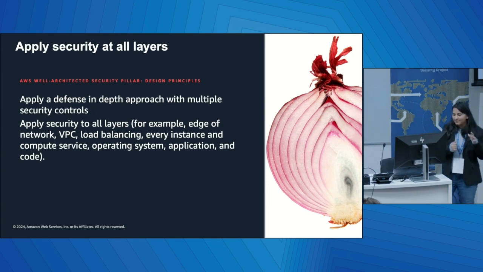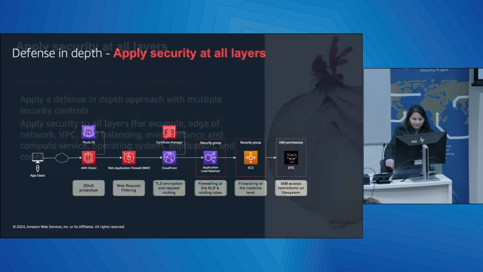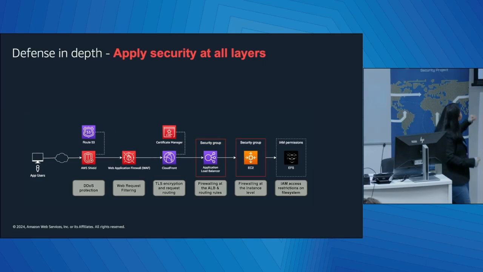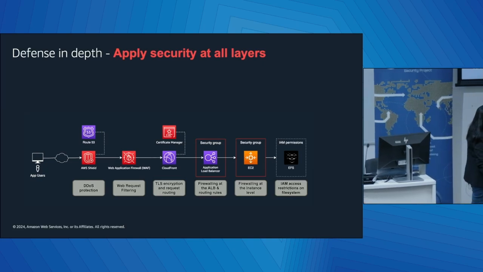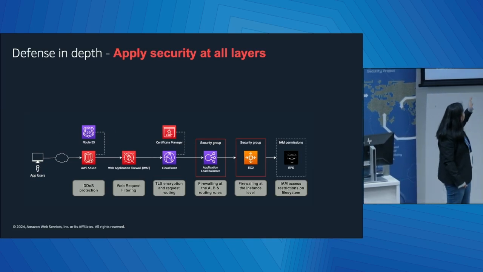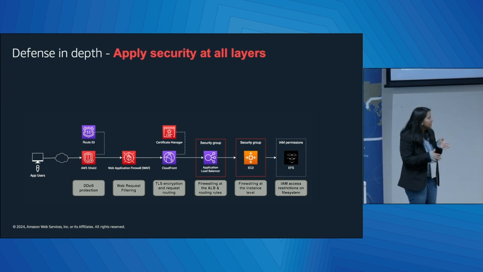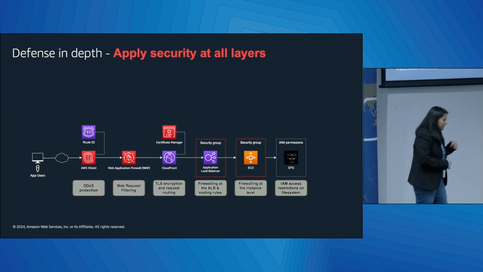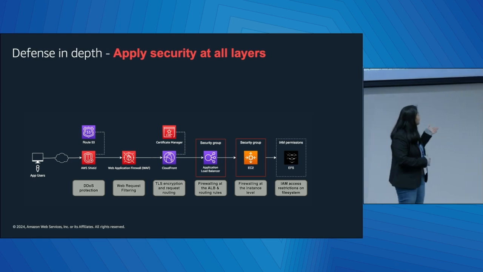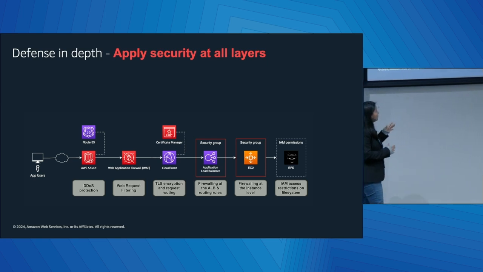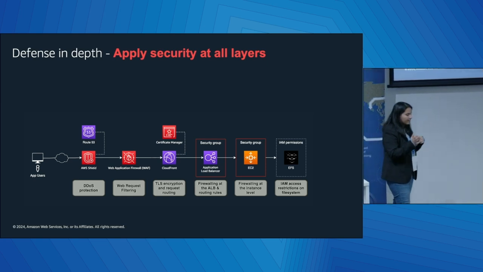So imagine you have an app user who wants to use your app. So you have first DDoS protection, then you are doing web filtering, then you are encrypting in transit, then you are able to do some routing and again throttling.